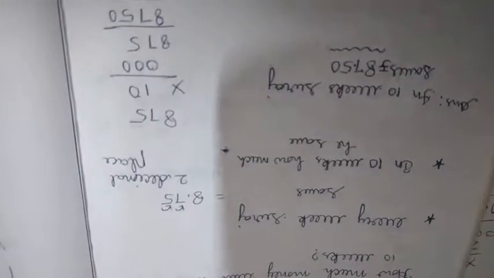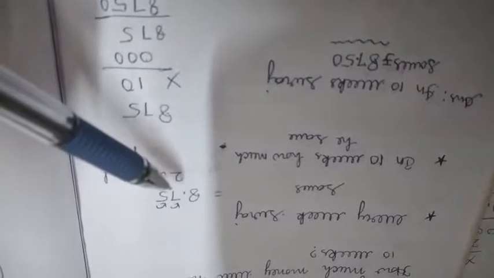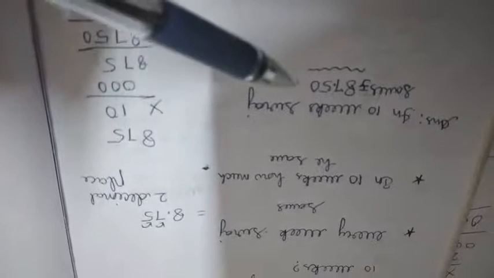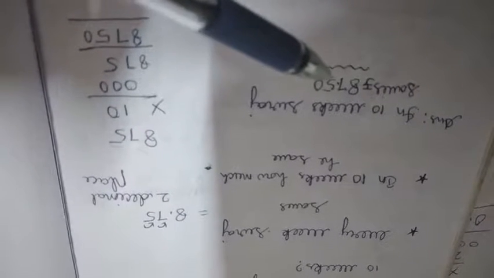So 8,750 rupees. Right? In decimal we have to write it. Now what we have to do, as I told you before, is see the decimal places. In this question, how is it given? Count from the right side after the decimal point: 1, 2. 2 decimal places. In the answer, count the 2 decimal places. 0 and 5 we have. 1, 2.